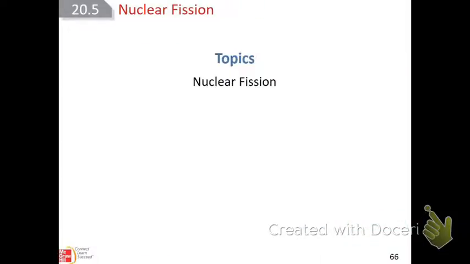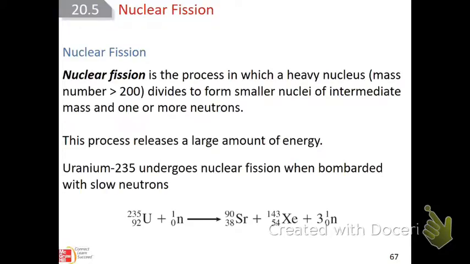And then this slide is talking about nuclear fission. Please do not misunderstand the difference between fission and fusion. In fission, you're taking very heavy elements like uranium, plutonium, Einsteinium, some of these heavy elements, and you are splitting them apart into smaller elements.